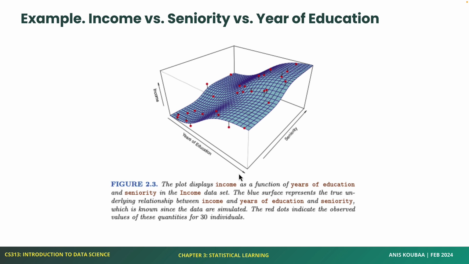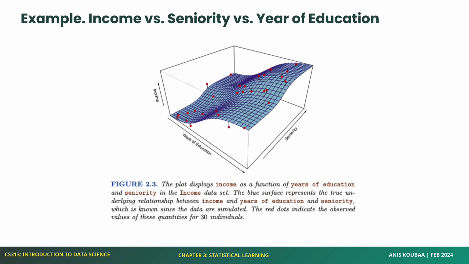When the years of education is higher, the salary tends to be higher, and even becomes higher when it has more senior level. Okay, so these are data, and this is a model for this data. This is the real model for that data. Okay. So now imagine that you would like to develop a model for this one. How can we do it?